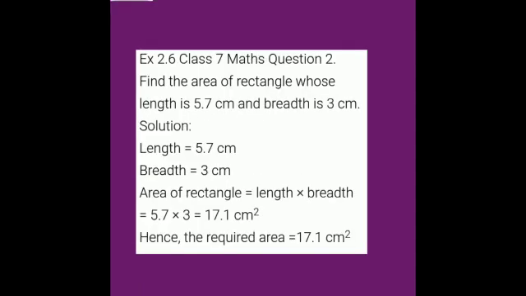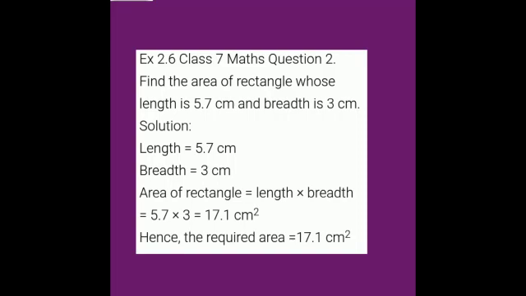Question number 2. Find the area of a rectangle whose length is 5.7 cm and breadth is 3 cm. So in this question we are given the length and breadth values and we have to find the area of the rectangle. Solution. Given length is 5.7 cm and breadth is 3 cm.